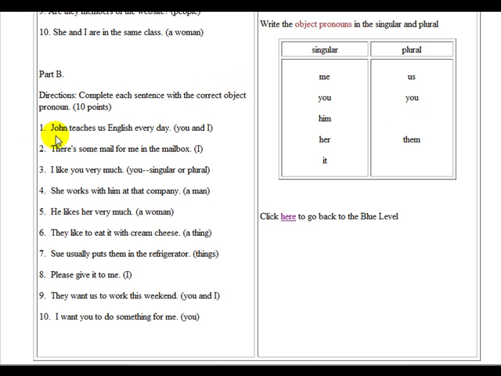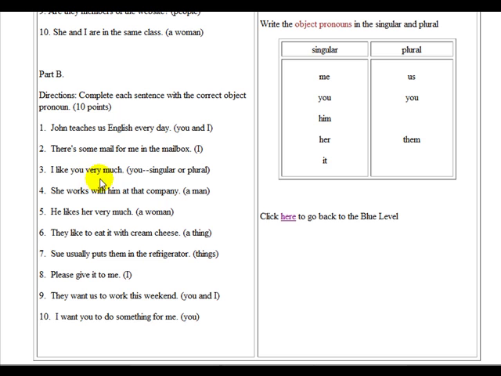So here you have John teaches us English every day. That's you and I, okay? Us is the plural form of I or you, okay? There's some mail for me in the mailbox, and the object here is I, me. I like you very much, you singular or plural.